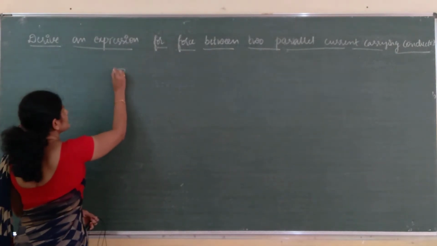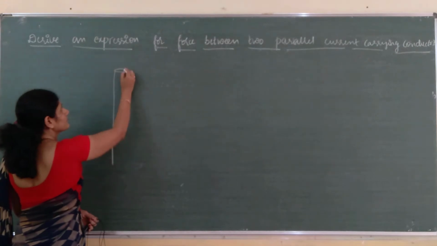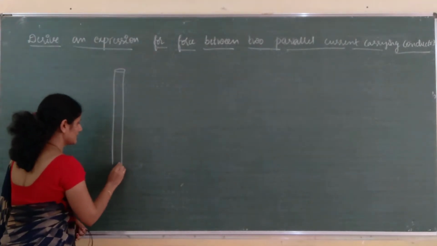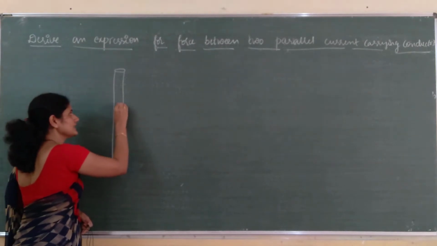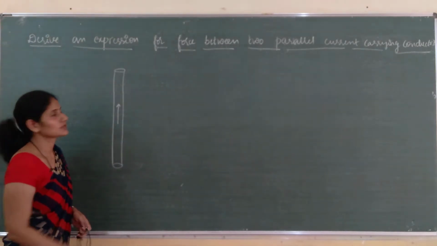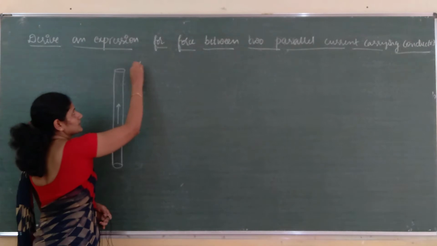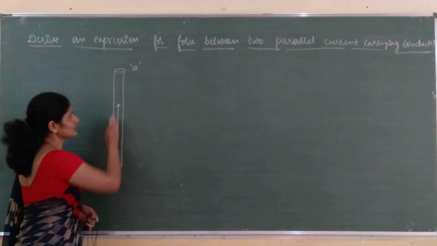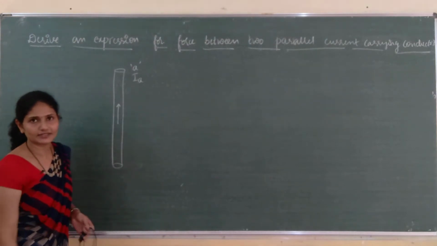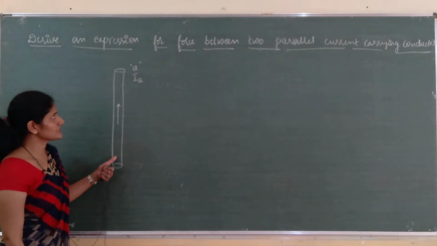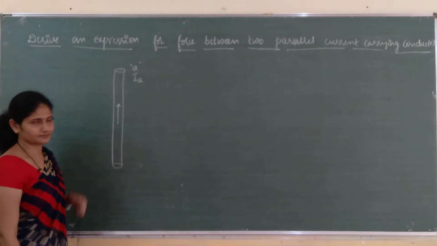So, this is a conductor and this conductor is carrying current I in this direction. Let A be a conductor which is carrying current in this direction. Let IA be the current carried by this conductor A.